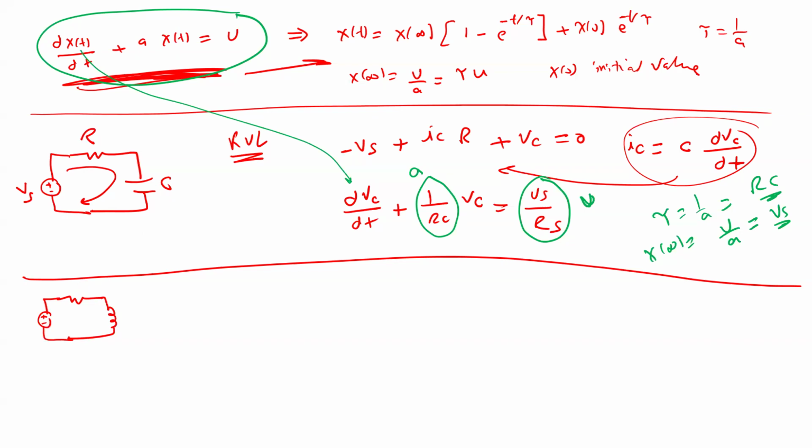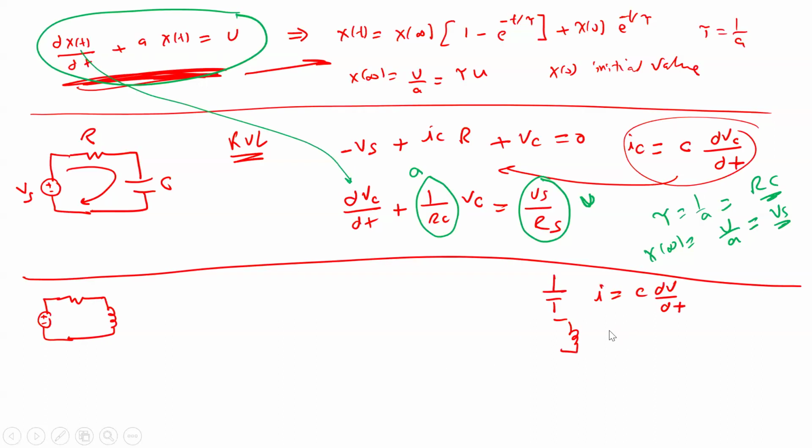What are the differences? In case of a capacitor, I equals C dV by dt. However, in case of an inductor, as I explained to you before, V should equal L di by dt.